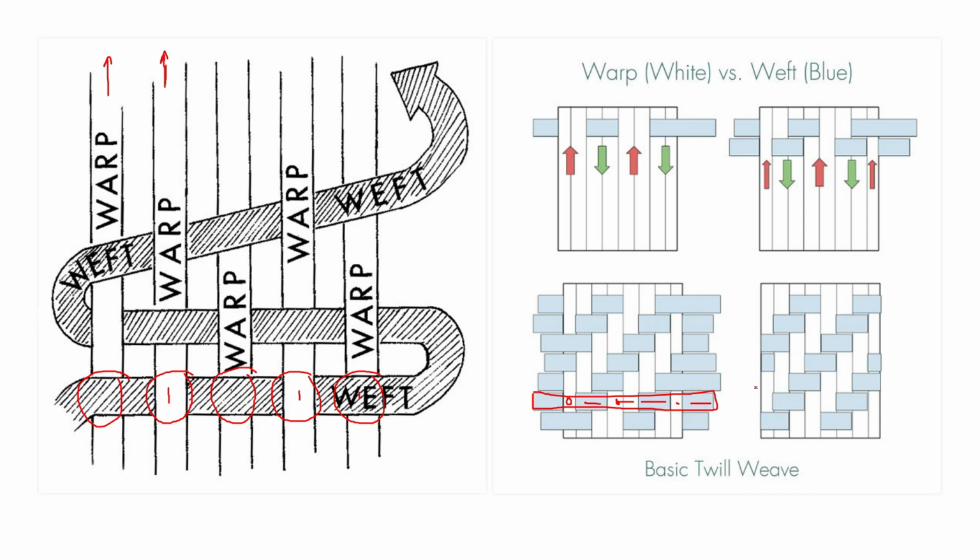These are the interlacing patterns. Normally we say this point is a binding point. Simply, this is the structure. We basically have plain structure, twill structure, satin and sateen.